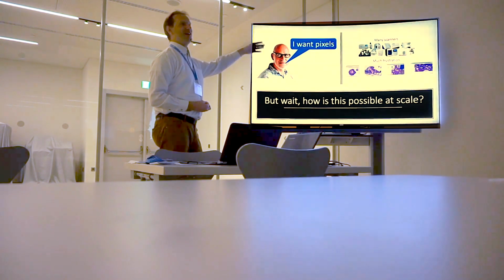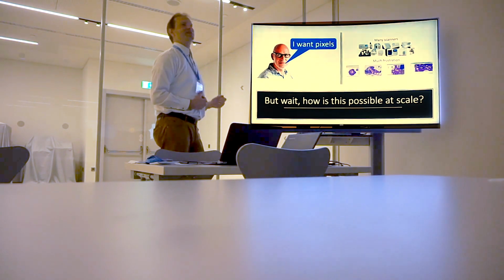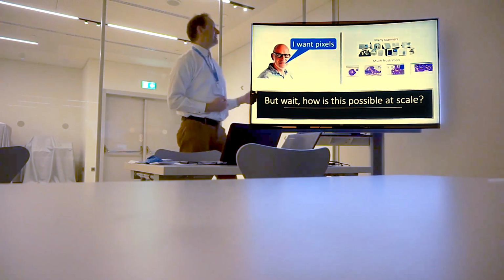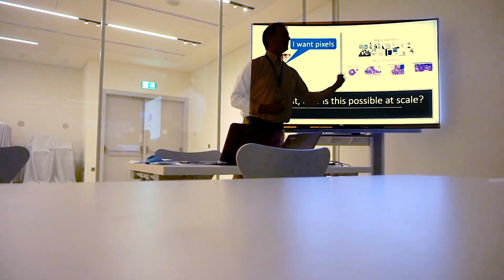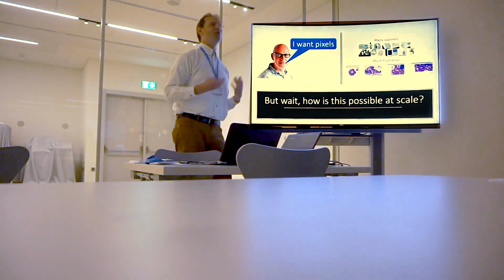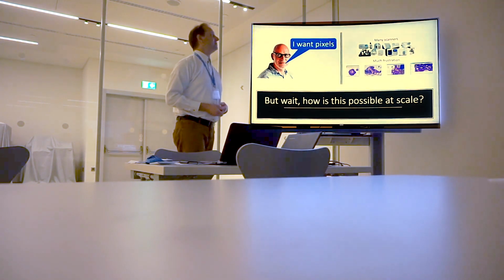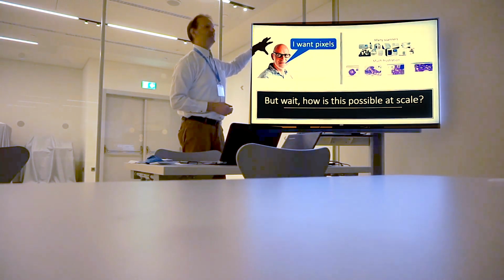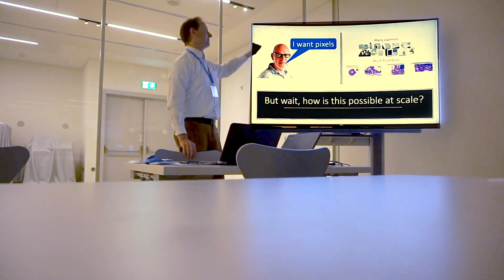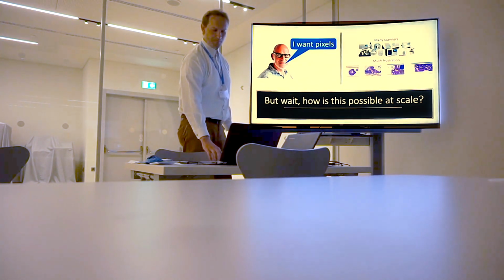He does image analysis, and he says, I want pixels. Well, that's not that easy, because you have this universe of scanners out there, and they all have different viewing software, and they all have different file formats, etc. So if you want to offer this guy pixels, then you really have to figure out a way to circumvent this problem first.